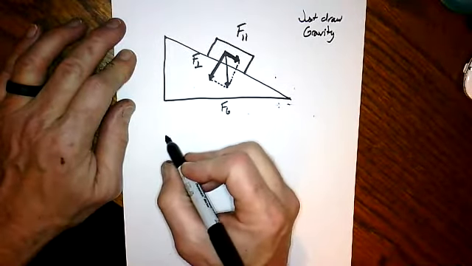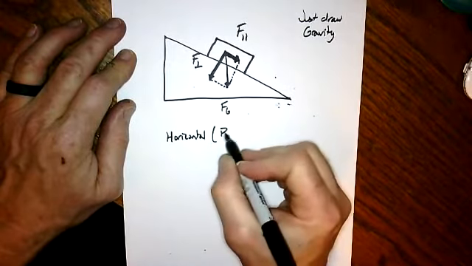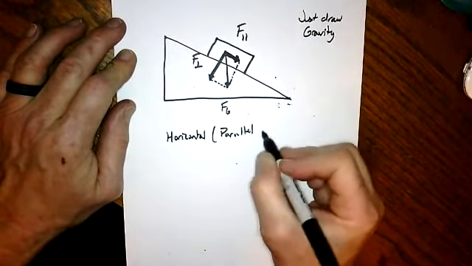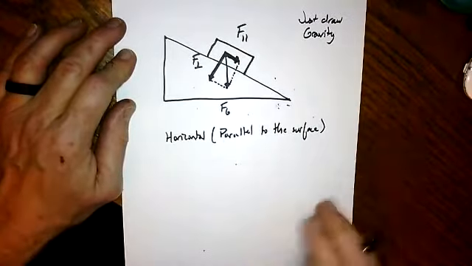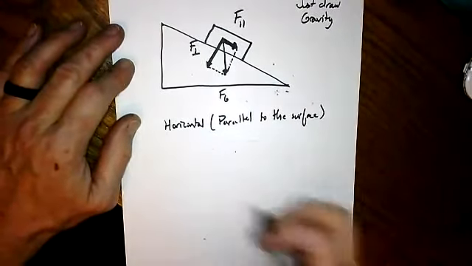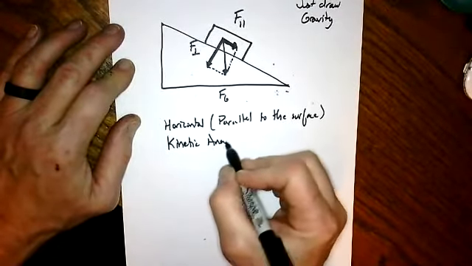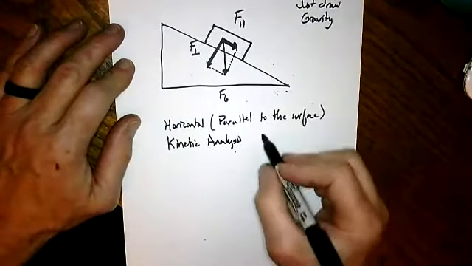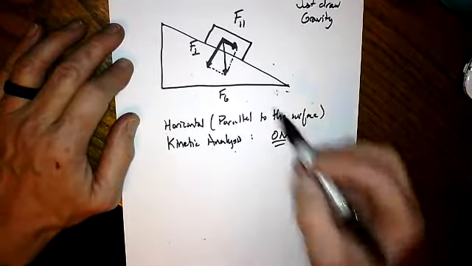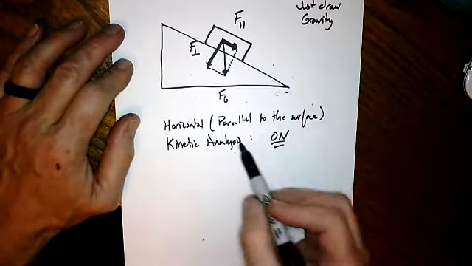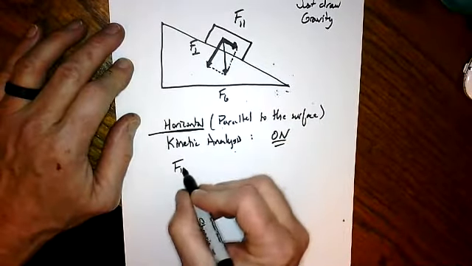So now I can still say horizontal, but I really mean parallel to the surface. Okay, so now I'm going to identify in my kinetic analysis the forces acting on the object. Okay, we've got these forces, but I only want to do horizontal, so I'm only going to concern myself with the parallel component.